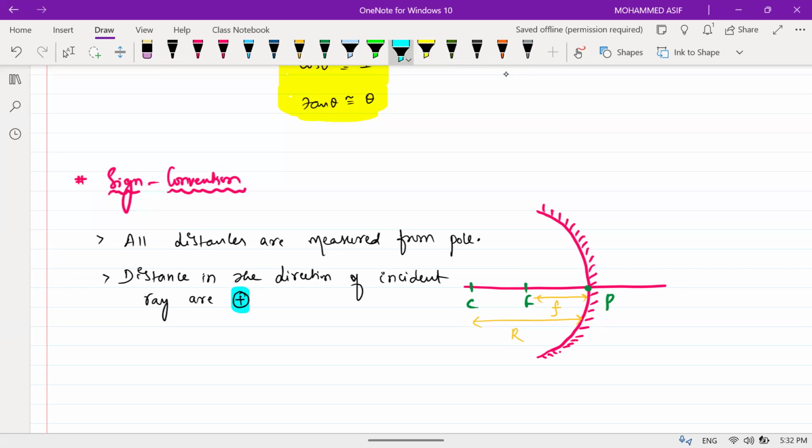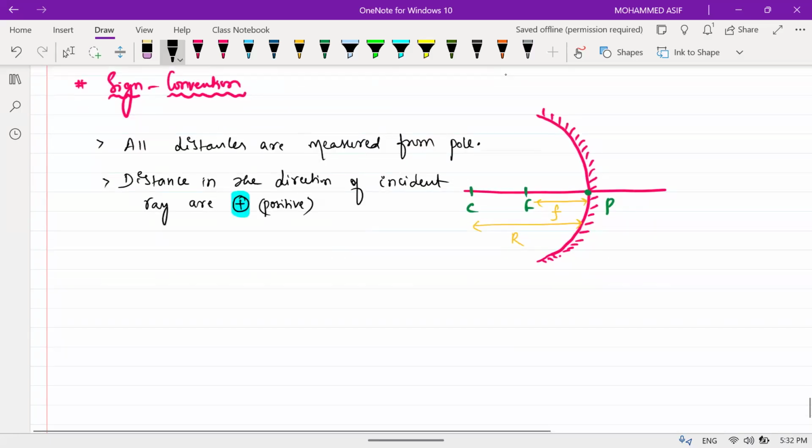Am I clear? In the direction of light, we take it as positive. All the distances, image distance, object distance, whatever you're taking, in the same way.